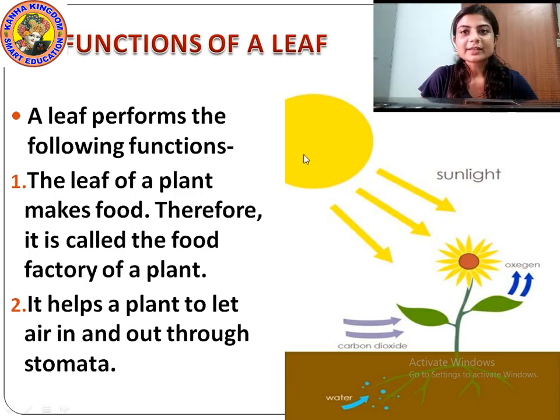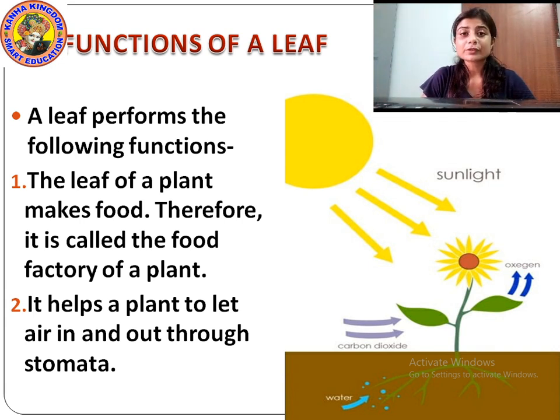And now students, what is the function of the leaf? What does a leaf do? A leaf performs the following functions. The leaf of a plant makes food. Therefore, it is called the food factory of a plant. The main function of the leaf in a plant is to make food. It synthesizes food.